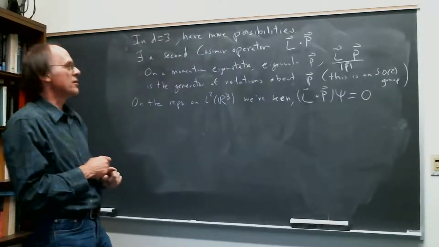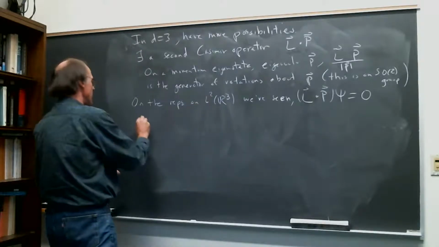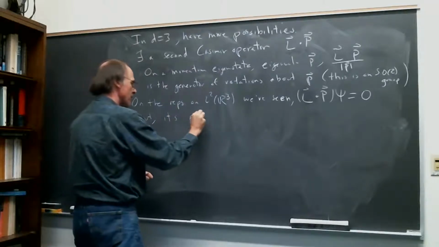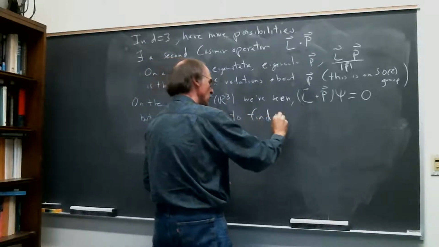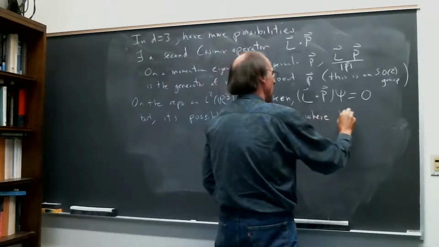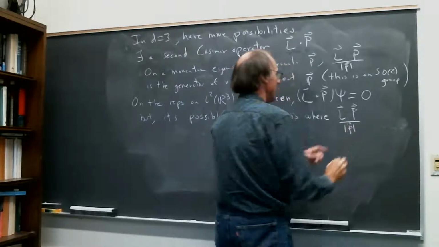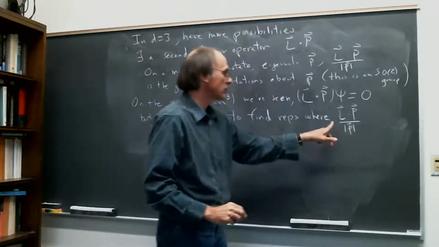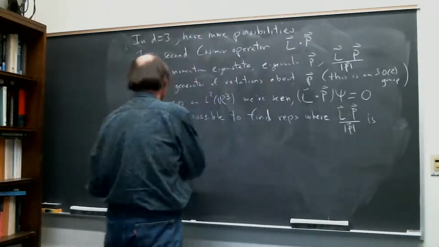So what you can do is you can say, well, wait a minute, it's possible to find representations where L vector dotted with p vector over the magnitude of p, or if you like, the square root of the Casimir, is non-trivial, is non-zero.